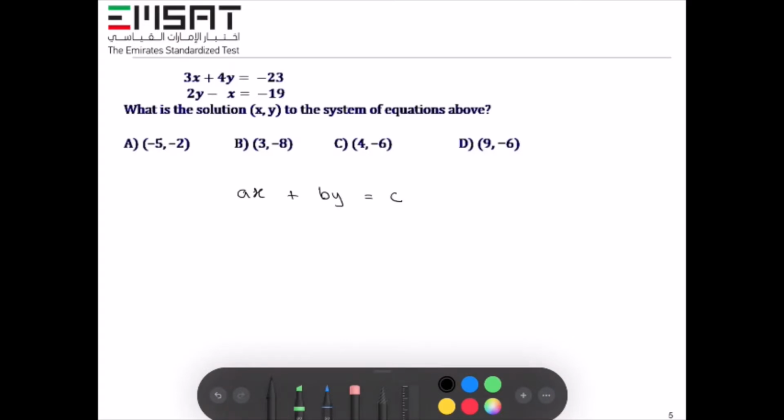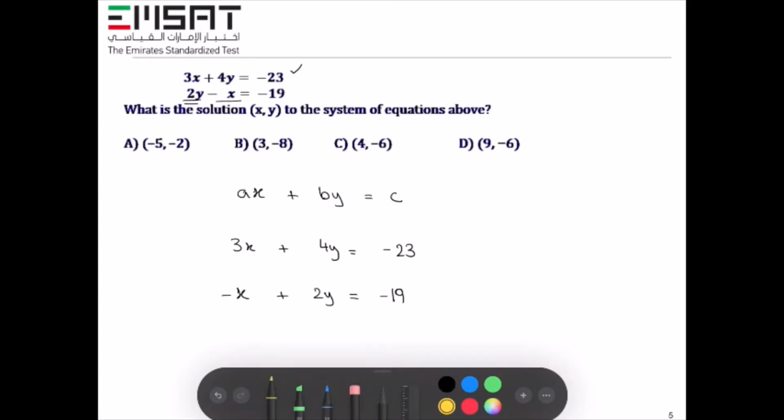The first equation is already done for you, which is 3x plus 4y equals negative 23. For the second equation, you will have to switch between negative x and 2y, so we will have negative x plus 2y equals negative 19.